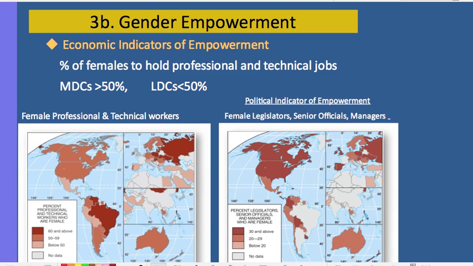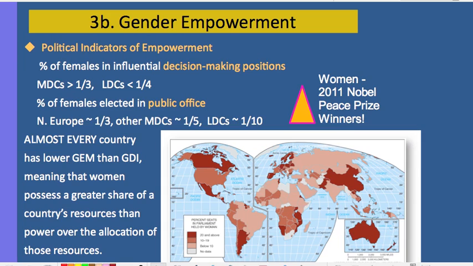Specifically looking at economic empowerment and then also political, here you've got female professional and technical workers in decision-making positions, 16 and above, and then below 50 would be the lighter colors. Here you have the political indicator of empowerment, legislators, positions of power, 30 and above, and this is an even smaller number, so much fewer women in positions of power politically.